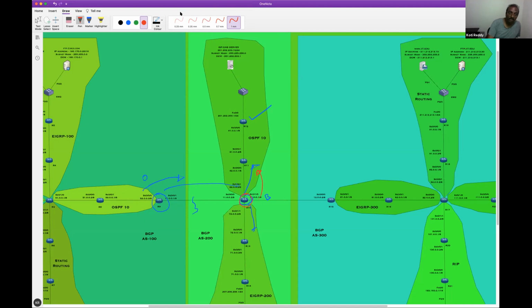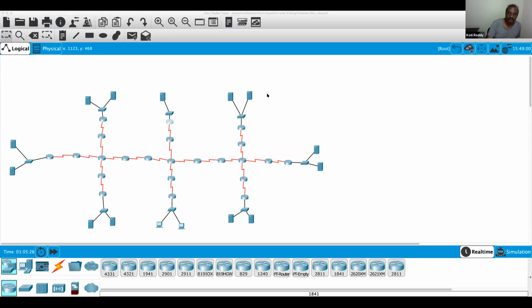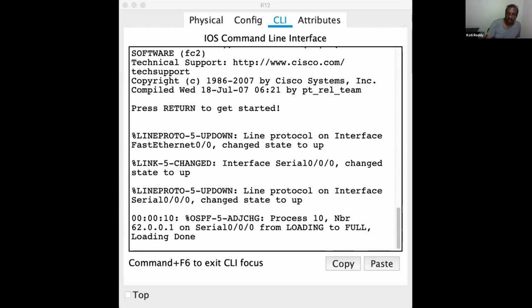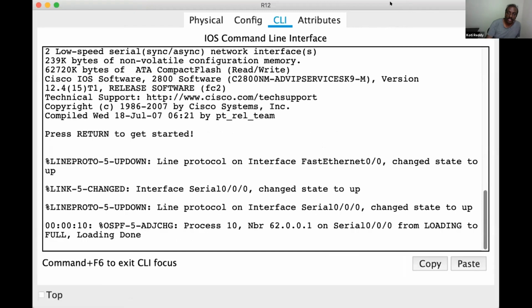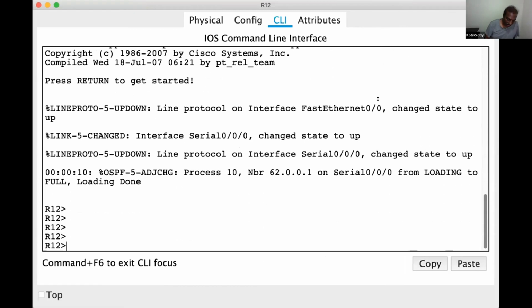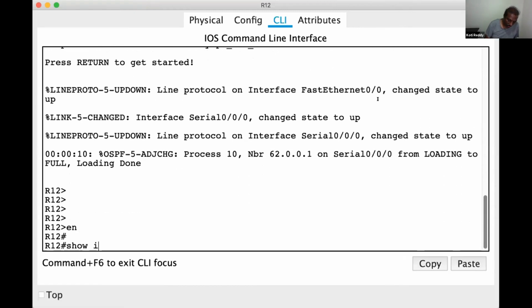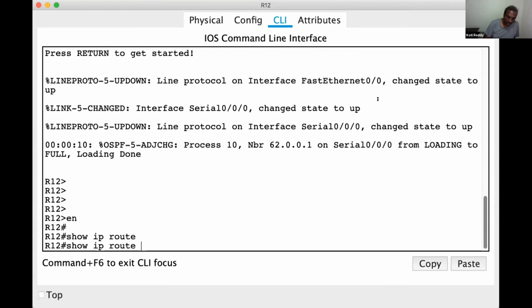Let's go to R12. When I go to R12 and say show IP route, what happens?